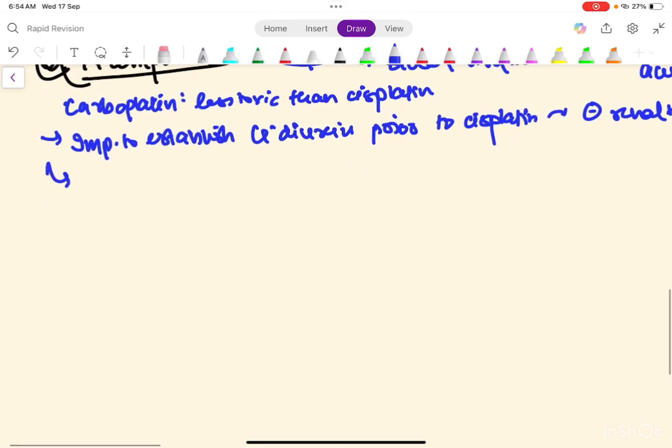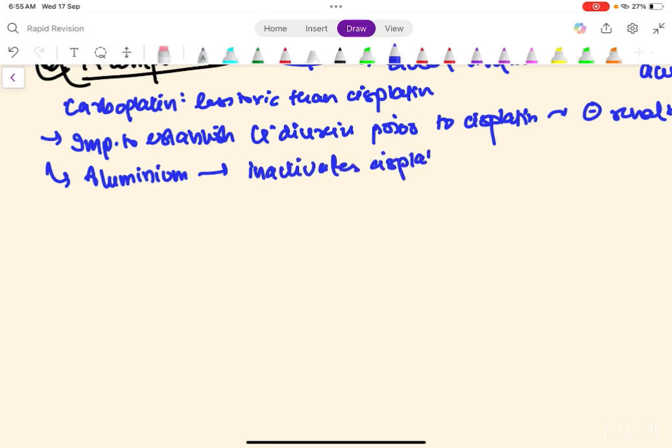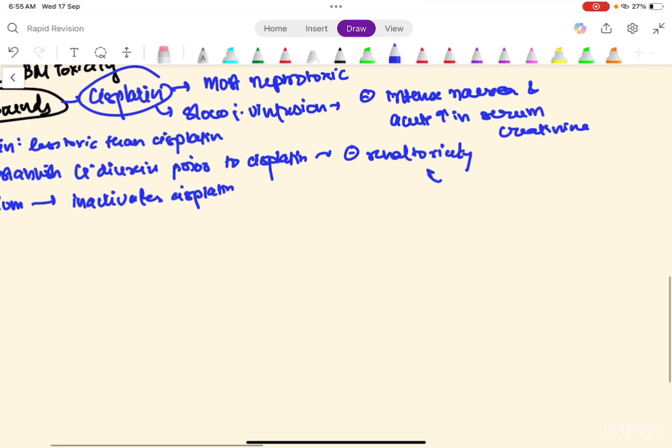Now there's one more thing, aluminium. It basically inactivates cisplatin, and even for this toxicity you can give amifostine.